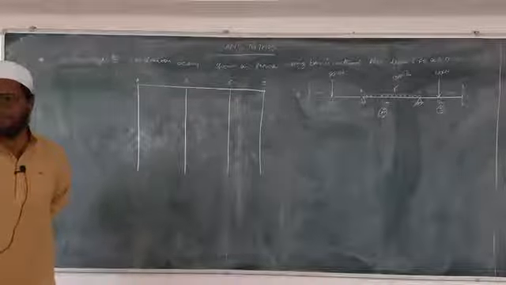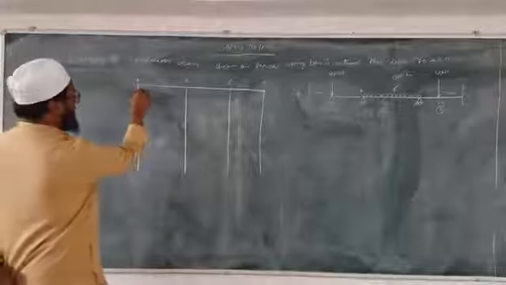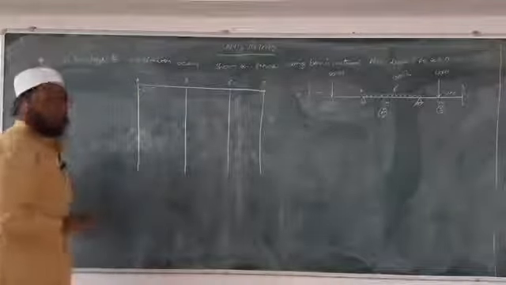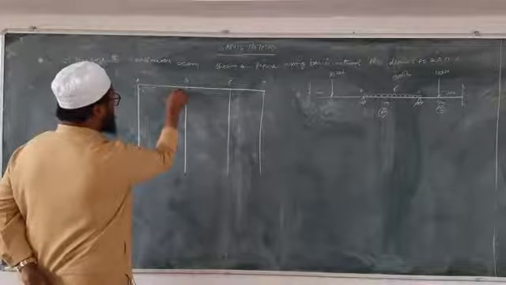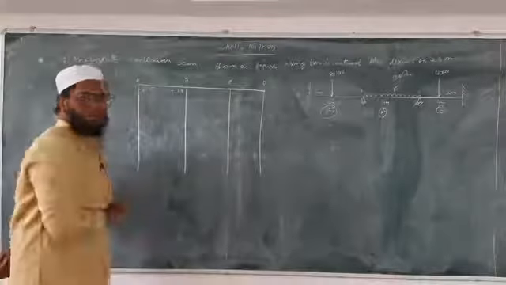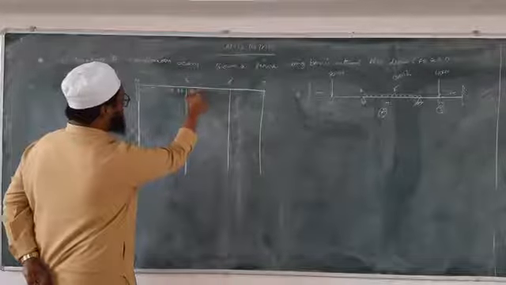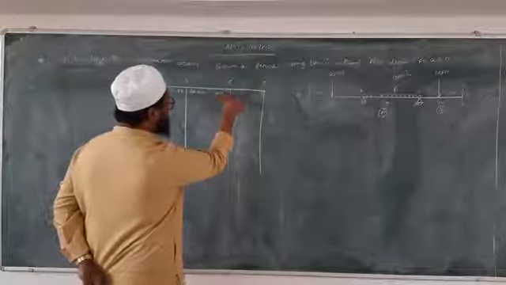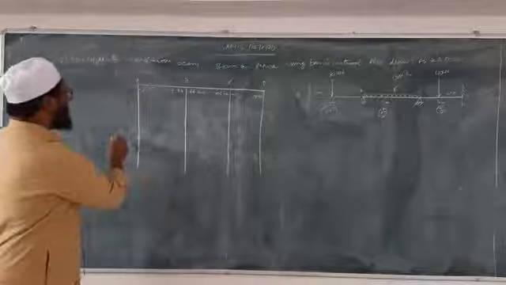MF AB, minus 35.55. What about MFBA? 17.77. What about MFBC? Minus 66.66, plus 66.66, minus 20 and plus 20.